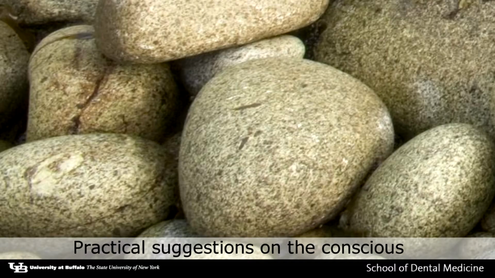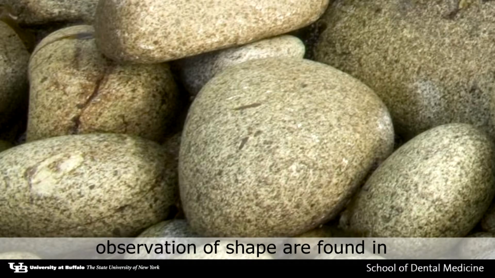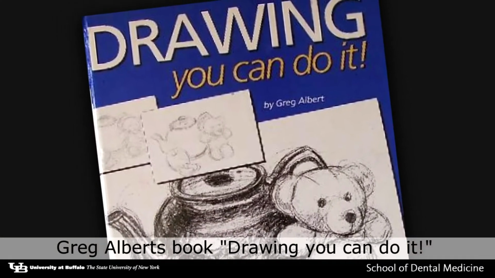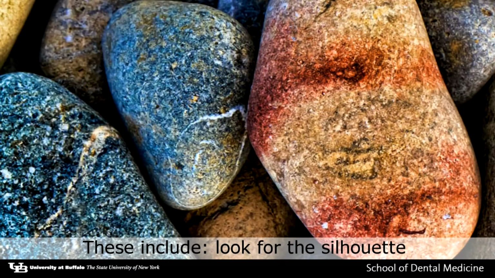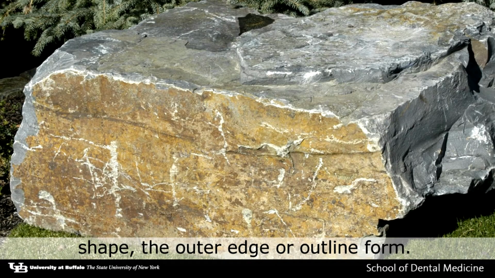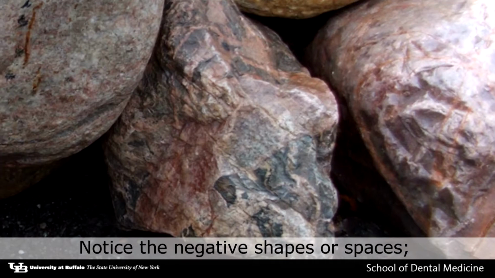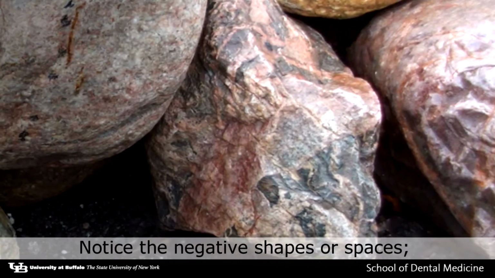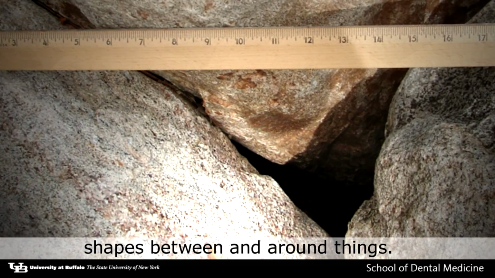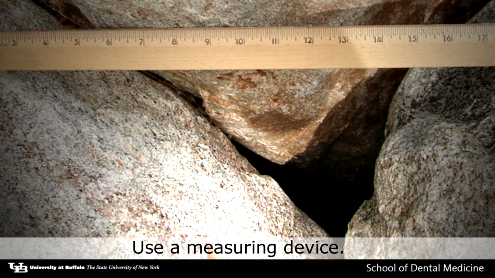Practical suggestions on the conscious observation of shape are found in Greg Albert's book, Drawing, You Can Do It. These include: look for the silhouette shape, the outer edge or outline form. Notice the negative shapes or spaces, shapes between and around things. Use a measuring device.